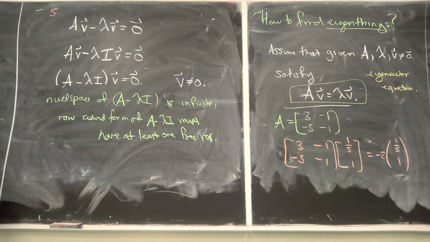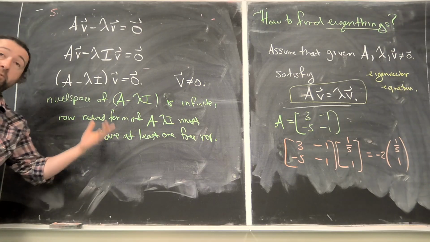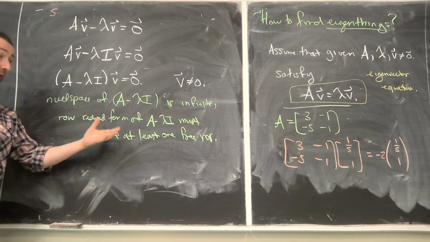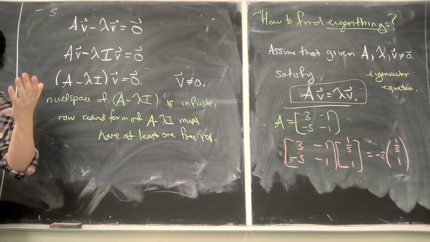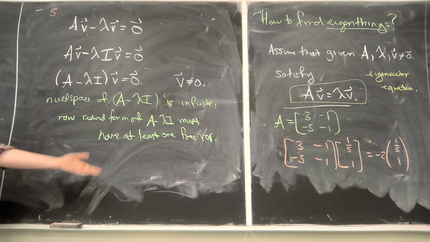What's the determinant of a matrix with a free variable? 0. It has to be. There can only be a free variable if not every column is a pivot column. And the only way you can have columns that aren't pivot columns is if there's a row that has nothing in it.